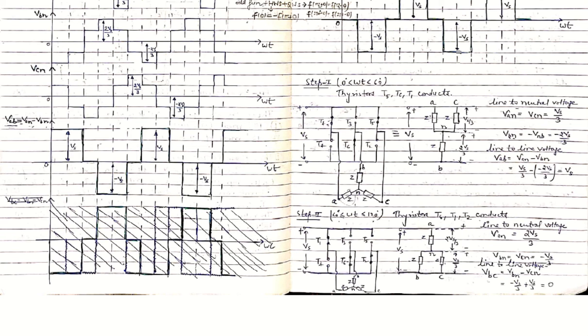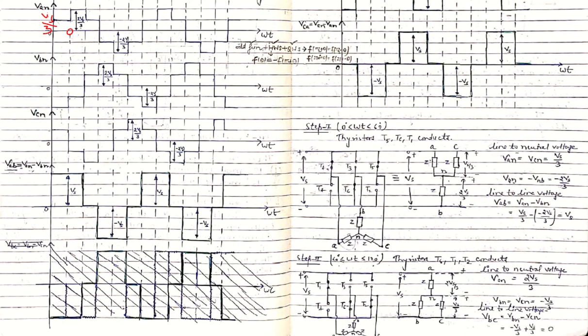So now we will go again to this waveform. What is the value of Van and Vbn for this 60 degree to 120 degree duration? For this duration, Van equals 2 Vs by 3. This is Vs by 3. Now after 60 degrees, it comes up to 2 Vs by 3 and remains there up to 120 degrees.